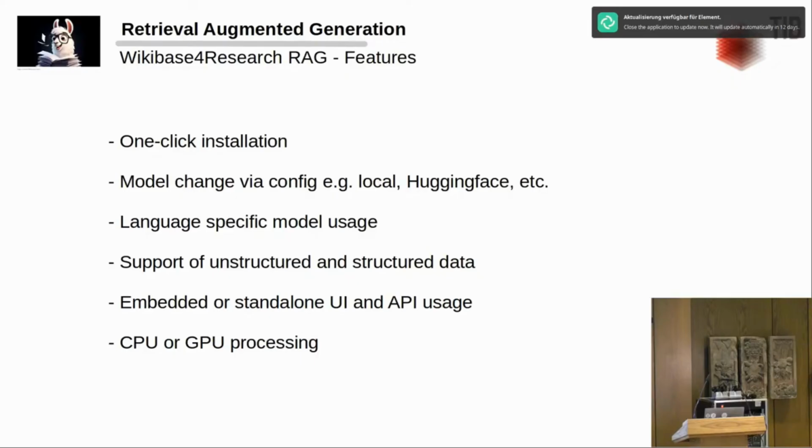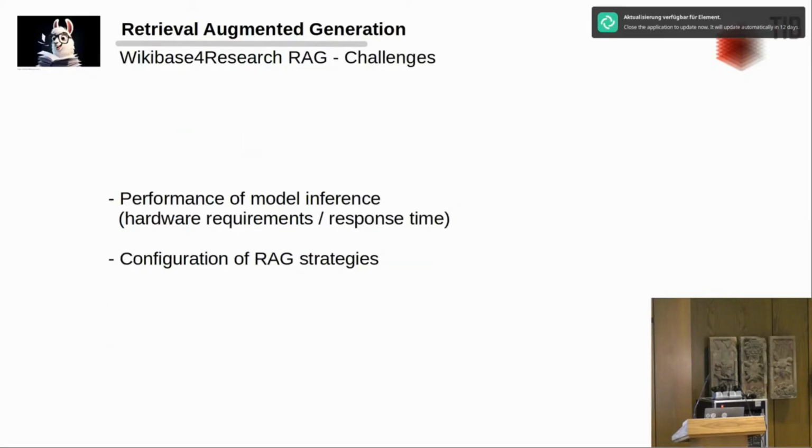We support the usage of unstructured and structured data, which is very interesting in the MediaWiki framework. And the interaction with the RAG system can be via UI or API. It can be fully embedded in the Wikibase or in the MediaWiki, but it can also be on a standalone website. And llamaIndex also supports CPU or GPU processing, depending on which hardware we are running this on.